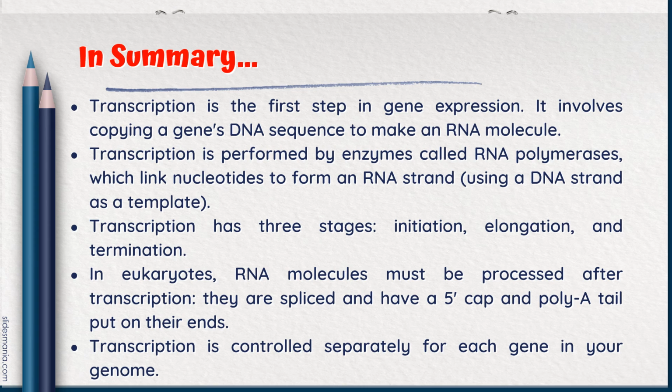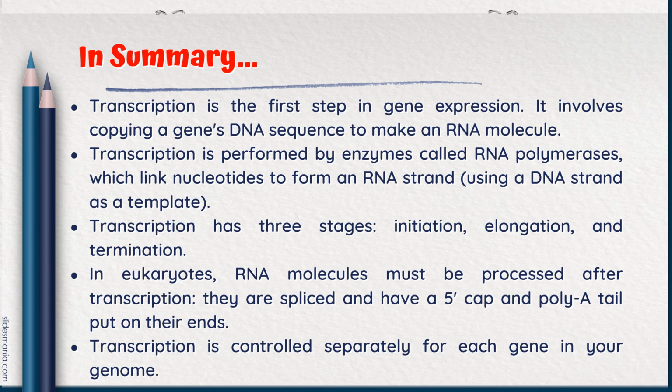And then transcription has three stages. First, we have initiation, second, elongation, and the third one is termination. In eukaryotes, RNA molecules must be processed after transcription. They are spliced and have a 5' cap and a poly A tail put on their ends.